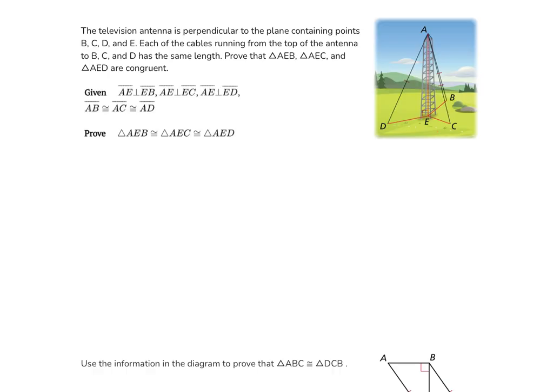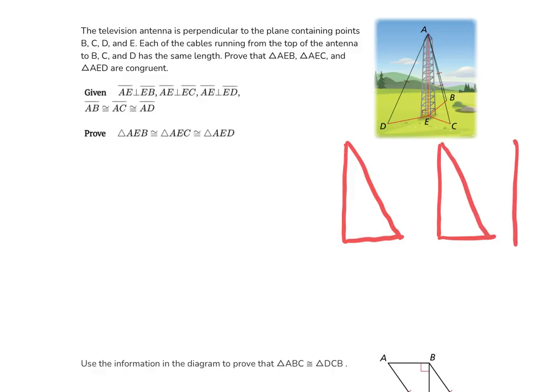You don't necessarily have to draw all three of these, but I'm going to go ahead and do that just so we can kind of see what's going on here. And this is a little bit different because we're proving all three triangles are congruent here.